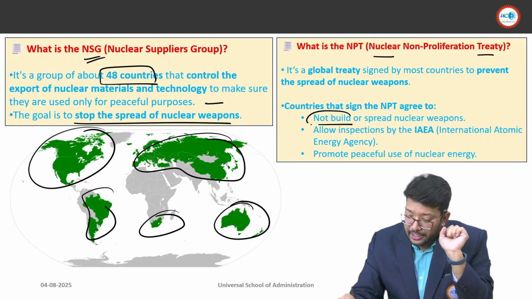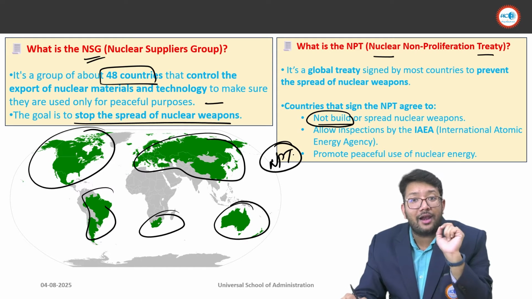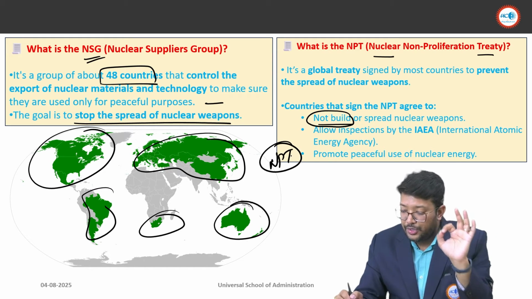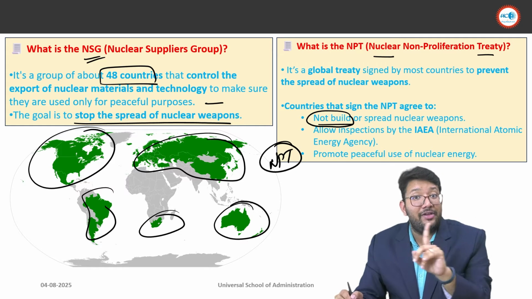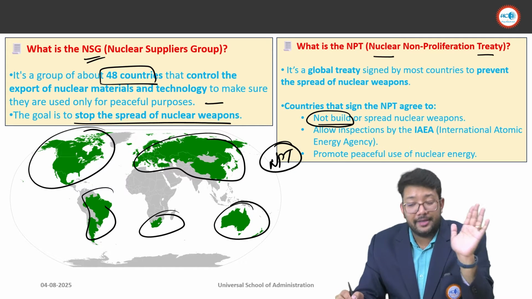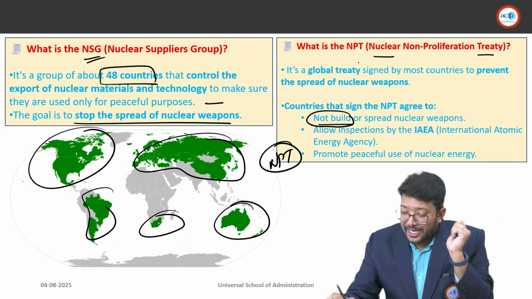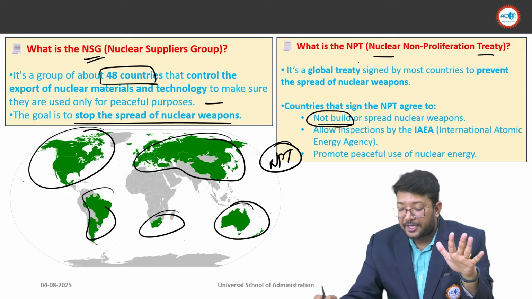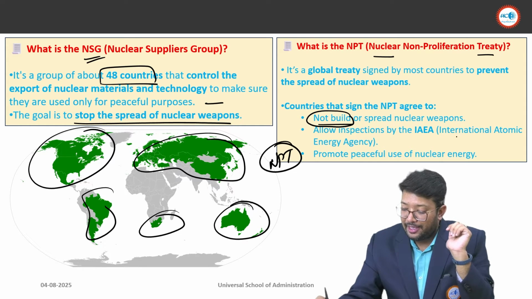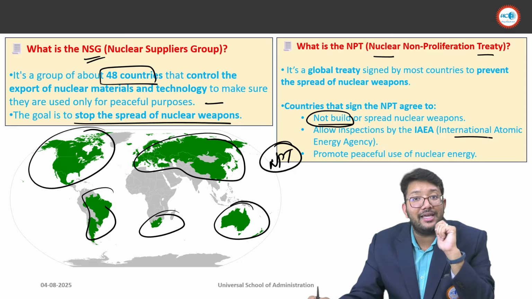It cannot build nuclear weapons. Civil nuclear facility is different; nuclear weapons means military purpose. Second, the countries who have signed the NPT will allow the inspections by the IAEA, the International Atomic Energy Agency, a specialized agency of United Nations. Third is promote peaceful use of nuclear energy.